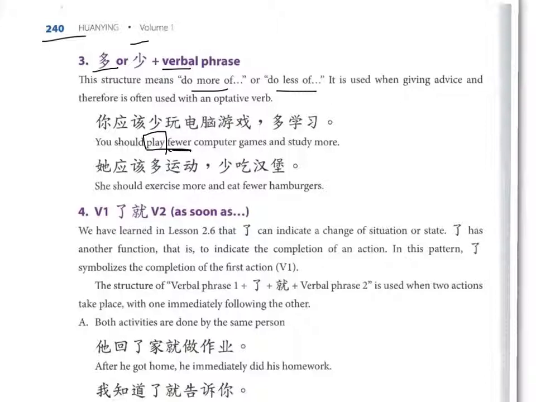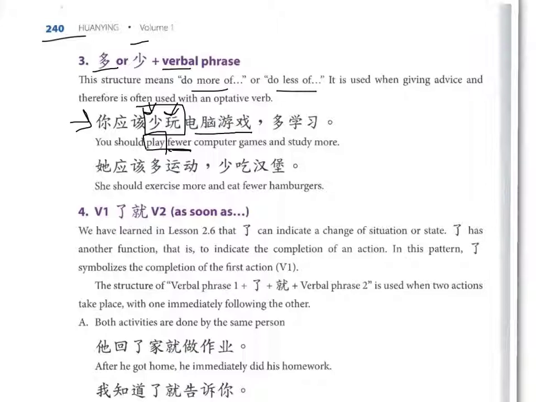So watch what happens here. 你应该少玩. So 玩 you know is play, and we just put this 少 before it, and you come up with 少玩, play less. Now the word order is swapped from English. So 你应该少玩电脑游戏. So you should play fewer computer games.